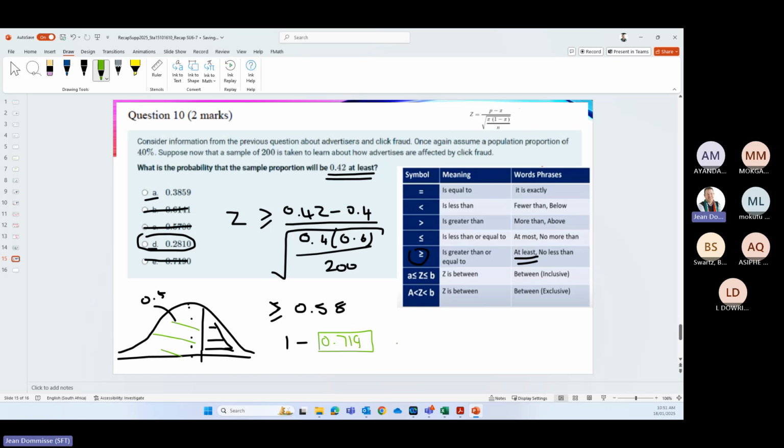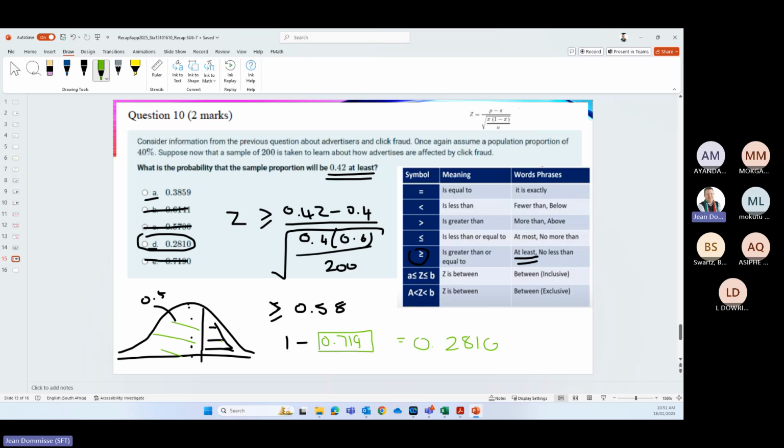If we subtract those two, we also get to 0.2810, which is the same. So you can go to the negative table and get the 0.281, or you can go to the positive table, subtract the two, and also get to 0.281.